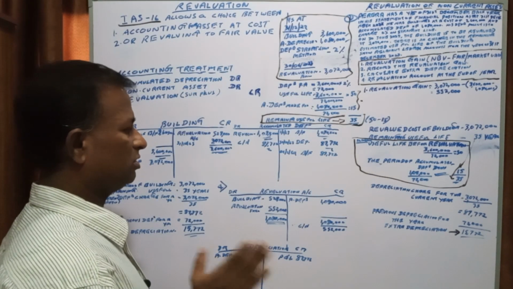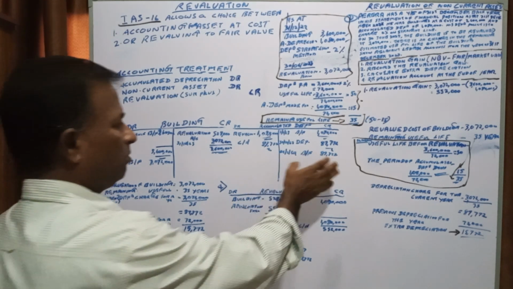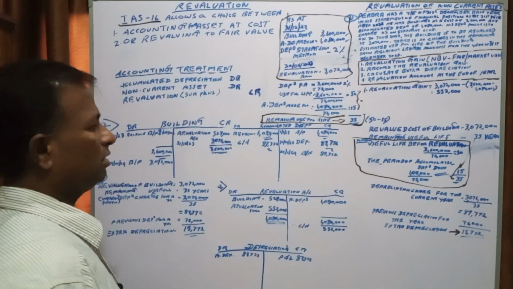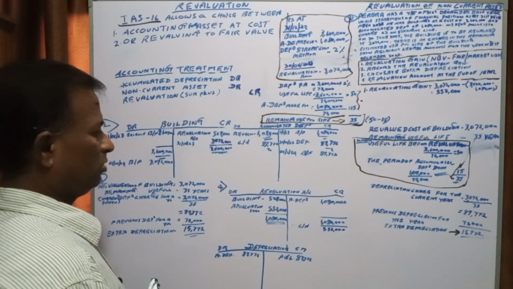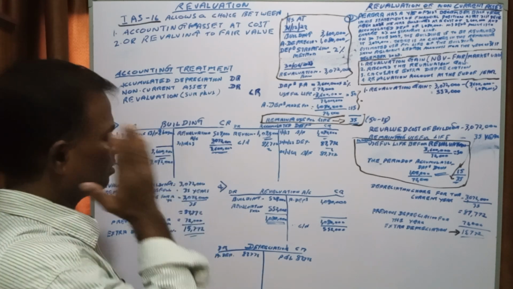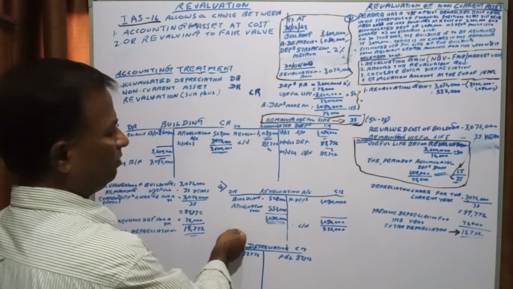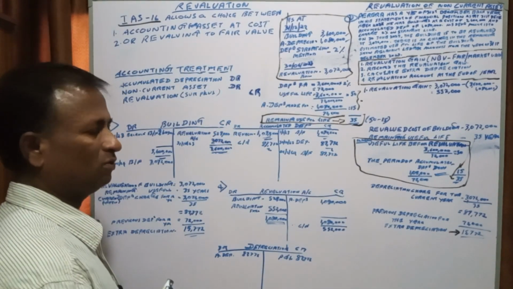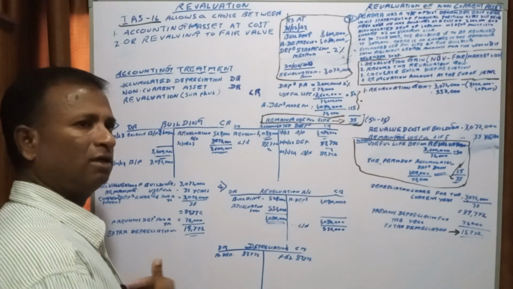If the business wants to add this amount back to the revenue, you can do it by removing the 15,772 from the revaluation account, debiting it and crediting the retained earnings, and distribute.